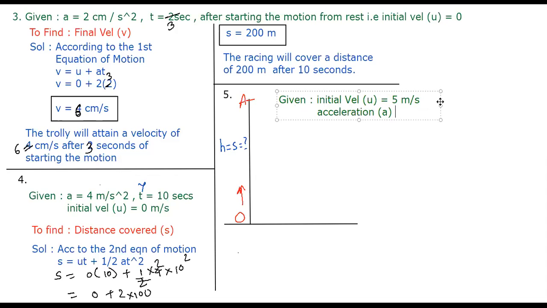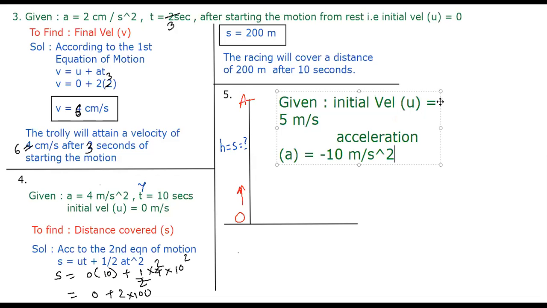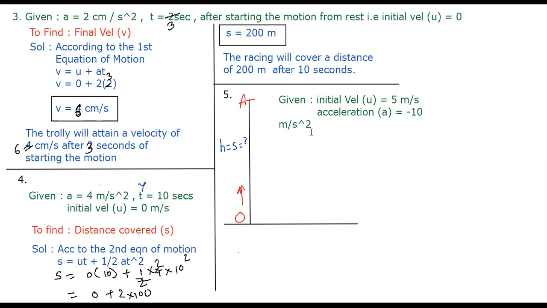Acceleration a is going to be minus 10 meter per second square, because it is in the negative direction that is given to us.